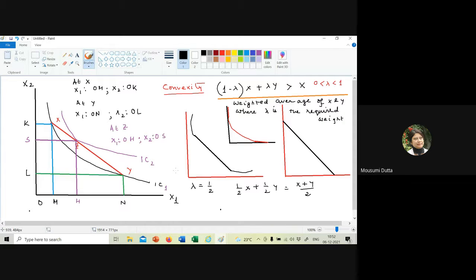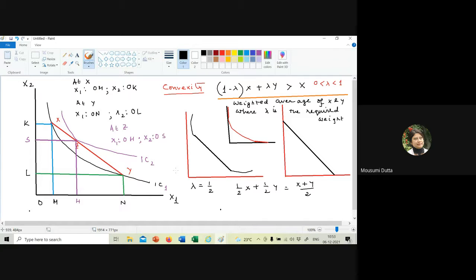If I consider the weighted average or convex combination of the two points, that will give me a higher level of satisfaction. So this also indicates the curve is not only convex, but strictly convex to the origin.